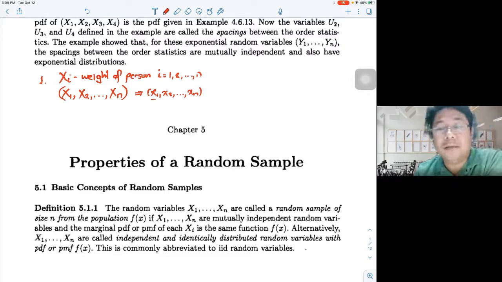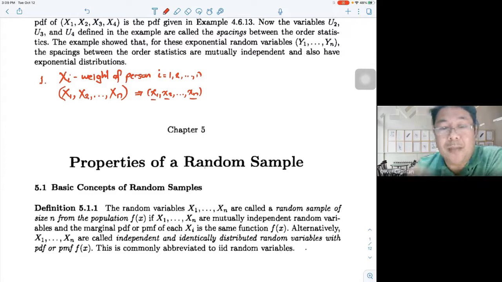Next, sequentially, we get another person from the population and determine its weight, so we have the value x sub 2, and so on until we get the nth person in our population and obtain its weight, which is equal to x sub n.